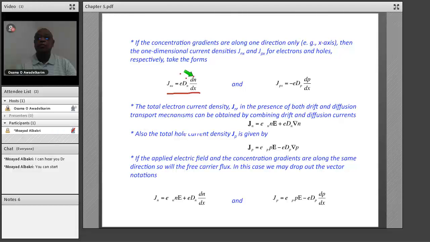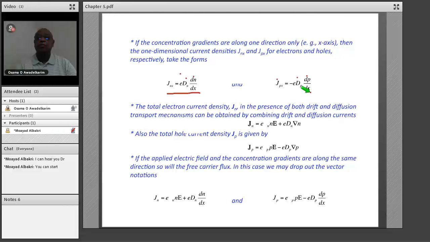Similarly, the diffusion current for holes in a p-type semiconductor is minus E Dp, the diffusion coefficient for holes, times dp by dx. Okay? Now, if you want to be fancy and write the total current, let's assume that we have the more general scenario.